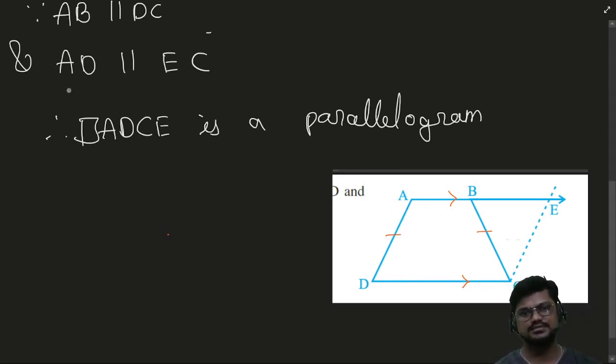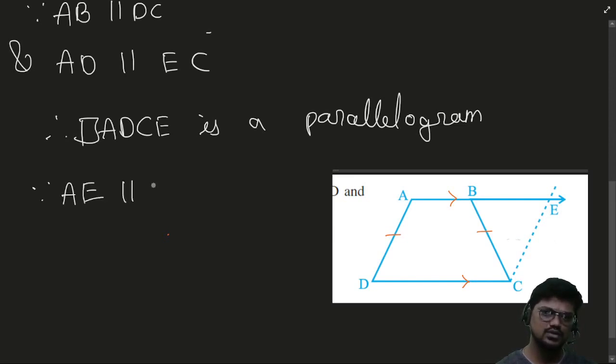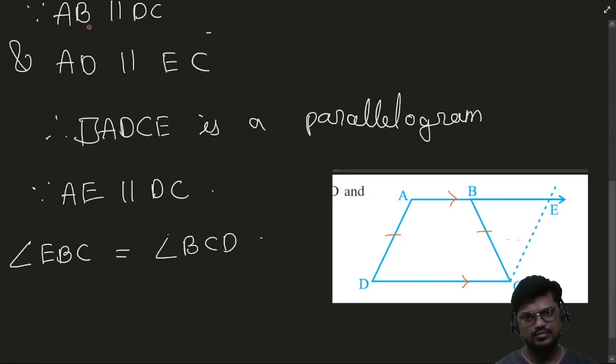In this, since AE is parallel to DC, can I say angle EBC is equal to angle BCD? What is the condition? Alternate angles.